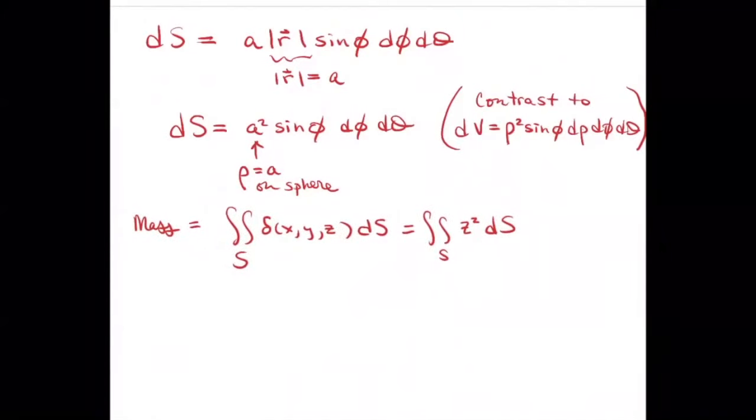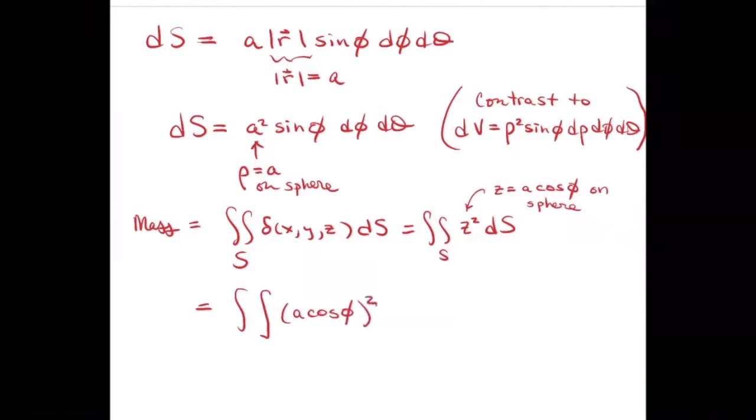Okay, so double integral. Don't forget, on the sphere, z is a cos phi on the sphere. So when you do this double integral, z squared just becomes a cos phi, that's z squared.